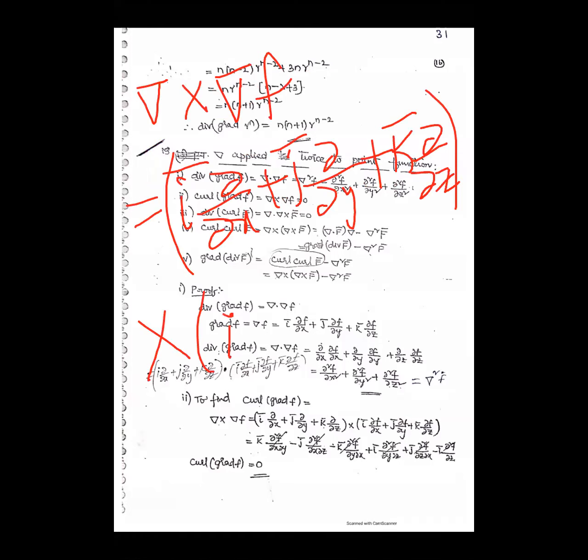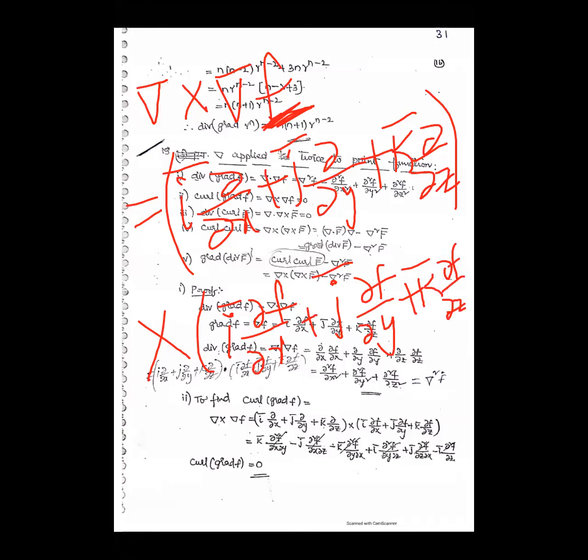Already del f we showed in the first condition. Similarly, multiplying del to f, we get i dou f by dou x plus j dou f by dou y plus k dou f by dou z. Multiplying both terms with the cross in between, there are some conditions.